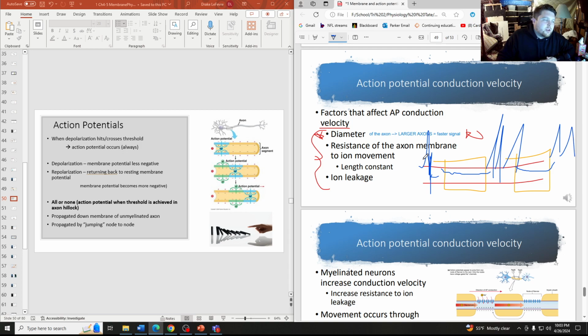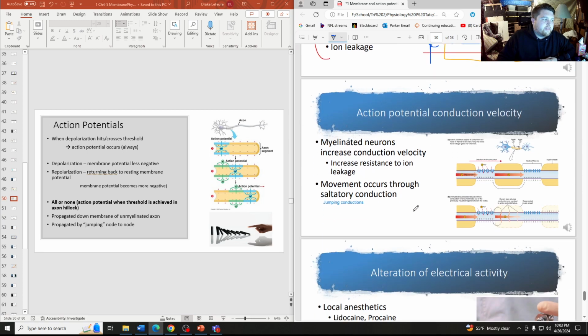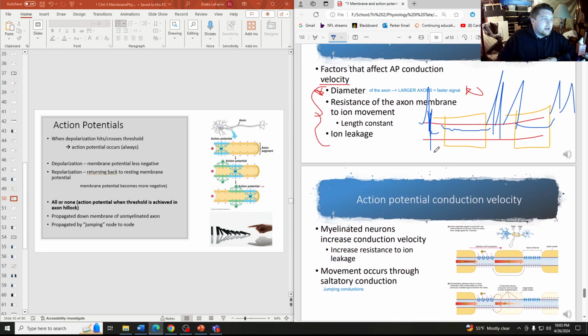So it doesn't have to go through the whole process all the way along the axon. It can jump and jump and jump, and that makes this process much, much faster. Remember, in the peripheral nervous system, known as the PNS, these are our Schwann cells.